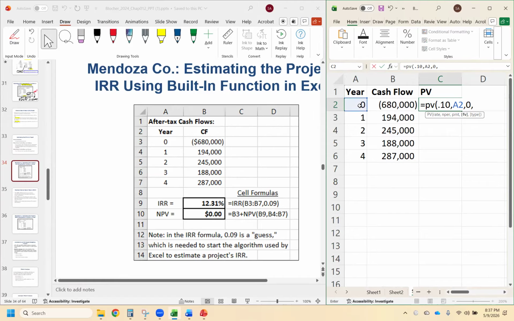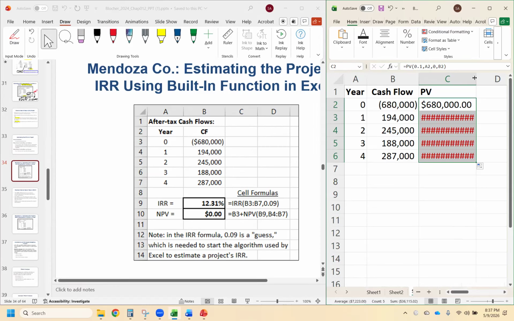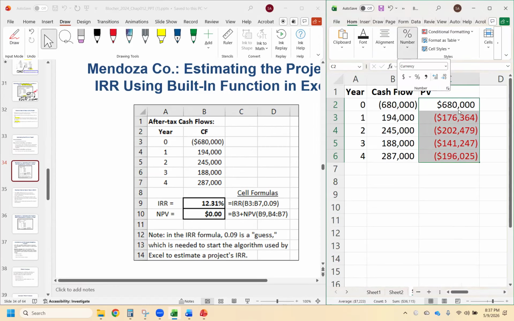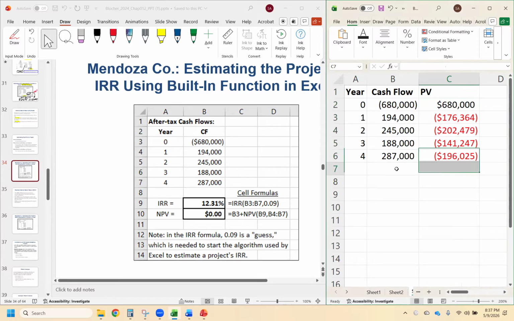And then the future value is the cash flow amount that we're getting in the future. For that one, it's the same because it's year 0, but there we go. Okay, so this is the undiscounted cash flows here.